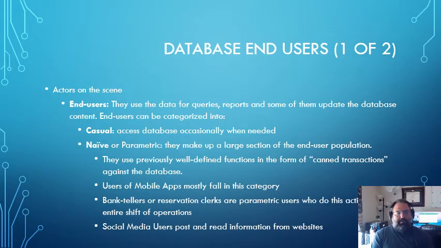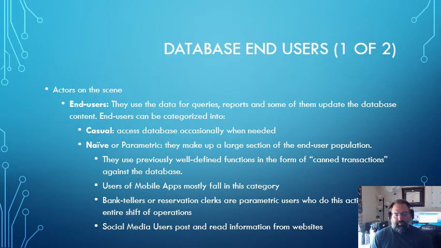Actors on the scene, end users. These are the users of the database that typically run the queries or cause the queries to be run, either by running them explicitly or running a report. They may update the content. They may be categorized into casual, which means they have access to the database occasionally whenever they need it. Naive, which basically means they aren't all that skilled.